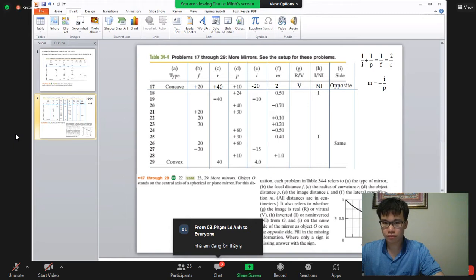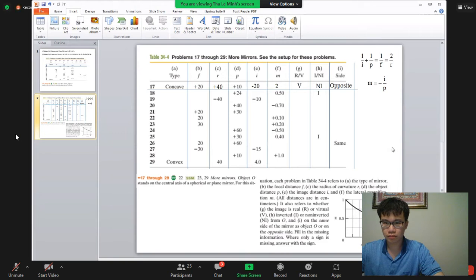Yes. The sign rule for P: if the object is a real object, it will be positive, and for a virtual object it will be negative. It also applies for I, where the real image is positive and the virtual image is negative.